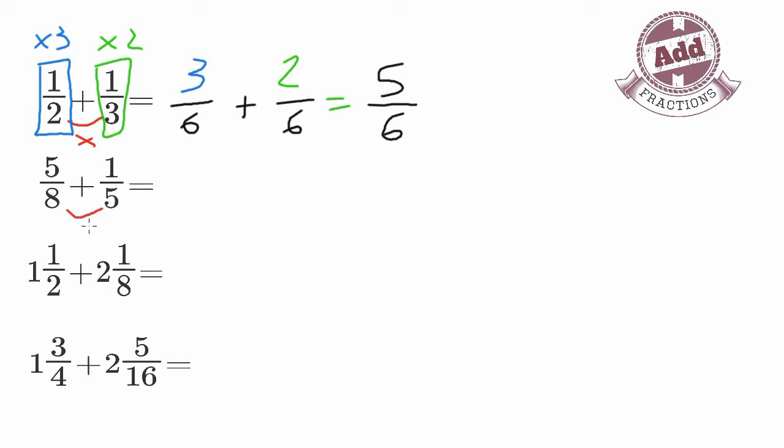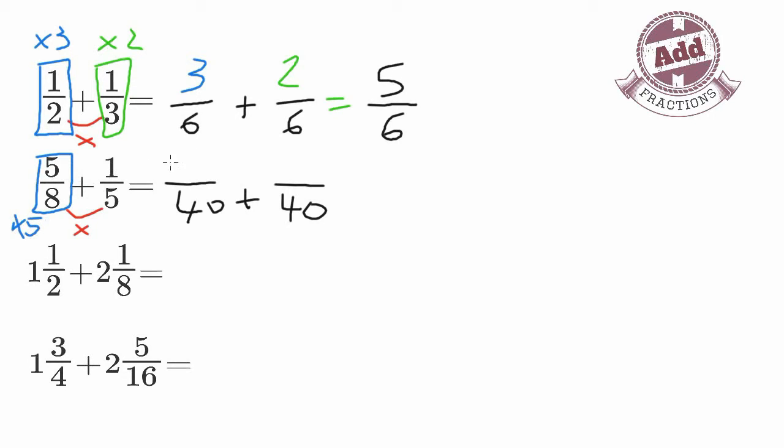So let's have a look. We'll times these two denominators together. So the common denominator is 40. So we can write both fractions out of 40. The first fraction, we're going to multiply it by 5.